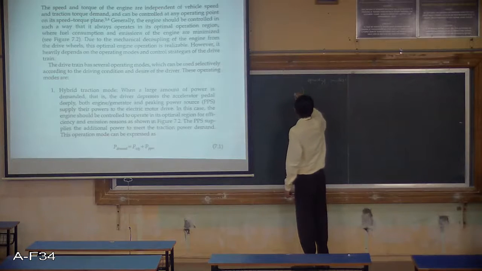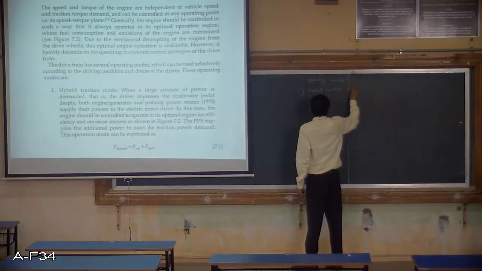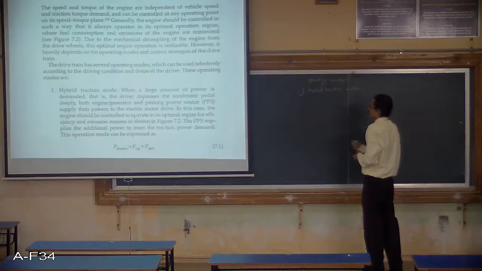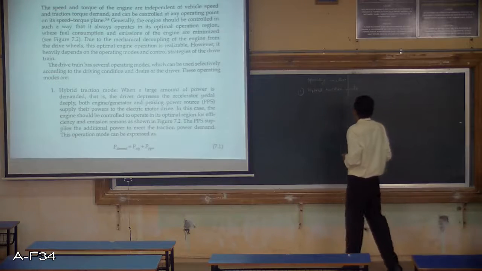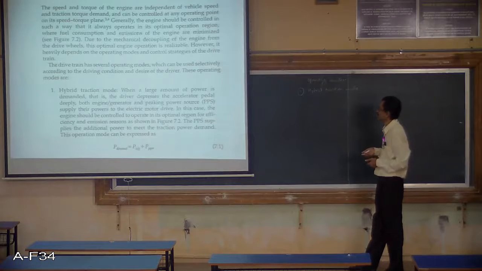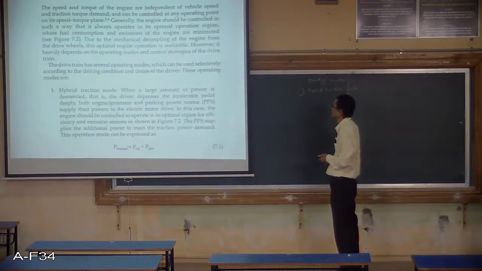One is hybrid traction mode. In this hybrid traction mode, a large amount of power is demanded. That is, the driver depresses the accelerator pedal deeply. That means he will input the fuel into the carburetor in a higher amount. Both engine or generator and peaking power source supply their power to the electric motor drive.